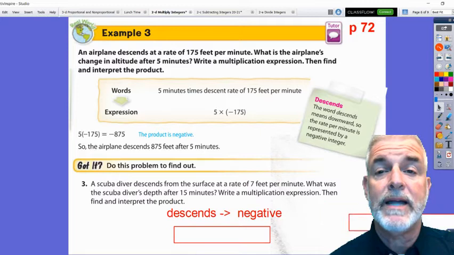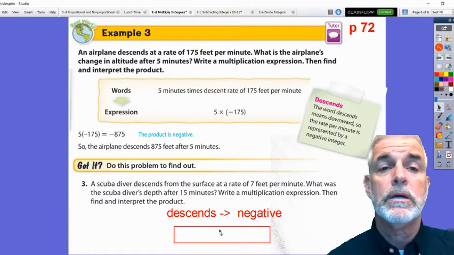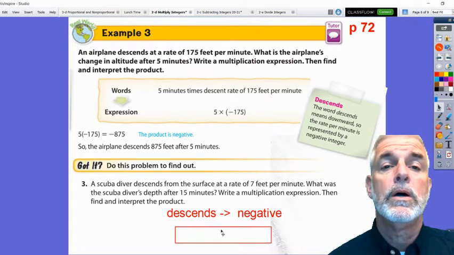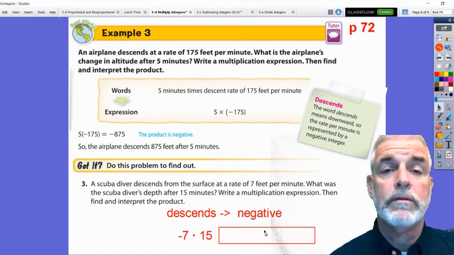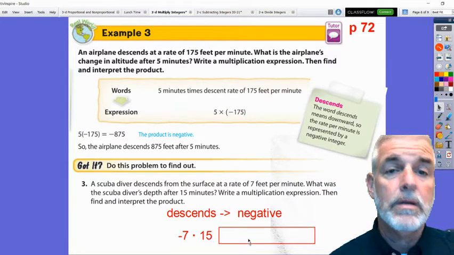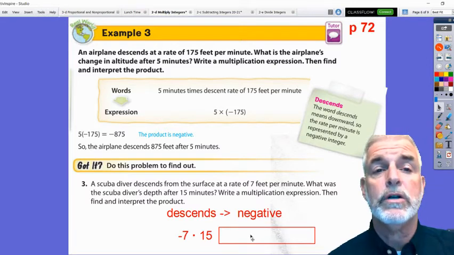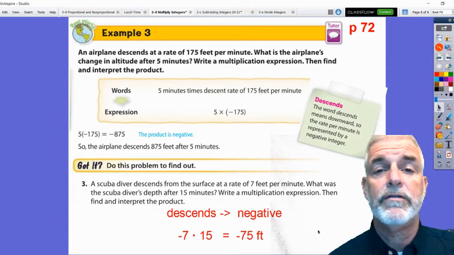First, we know that descends means a negative number. So the multiplication expression is negative 7 feet per minute times 15, right? So that's your multiplication expression. And the answer, negative 75 feet.